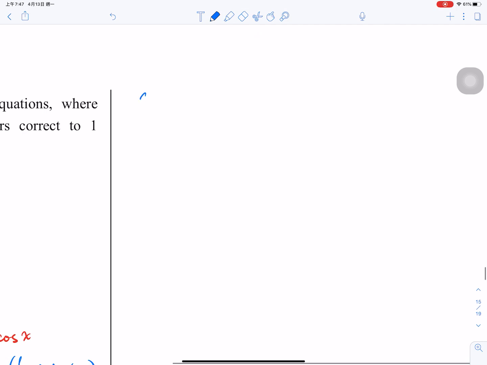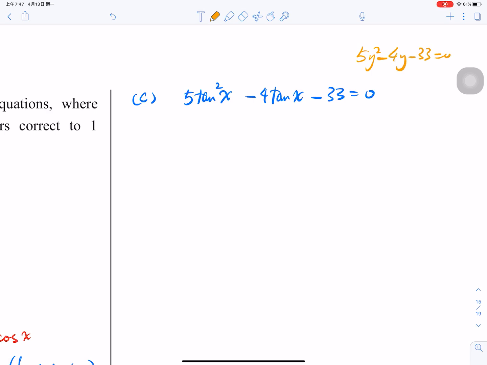Goes on, let's see part C. 5 tangent square x minus 4 tangent x minus 33 equals 0. This one is easy because it's all tangent x, you can think of it as 5y squared minus 4y minus 33 equals 0. So good.